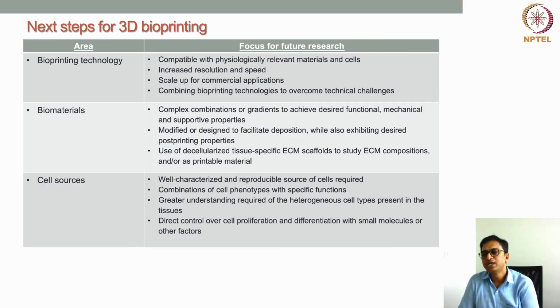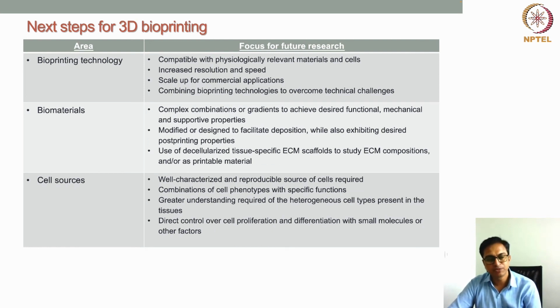Many times these are also regulatory challenges, because the regulatory bodies are also trying to understand the different ways the cells can be collected, isolated, characterized, and used for bioprinting applications.